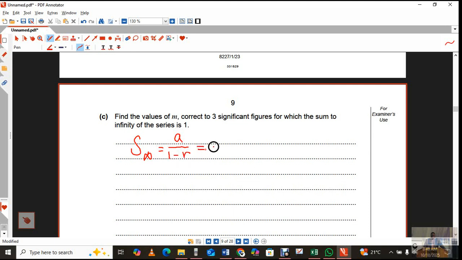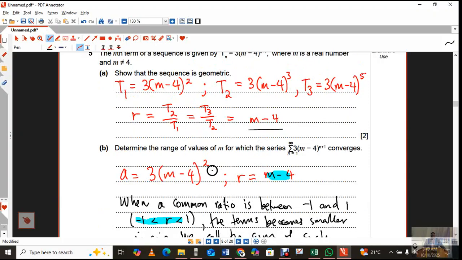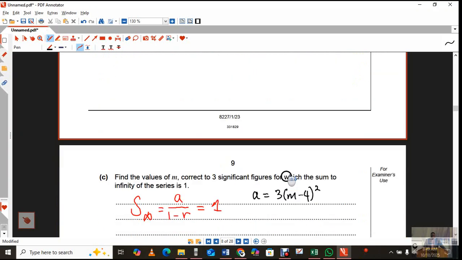In this case, they say the sum to infinity is 1. What do we know from before? We know that our a was given to us as 3 in brackets (m minus 4) all squared. Just make sure you can still remember that. Yeah, I wrote it here as well. There's the first term. What do I also know?